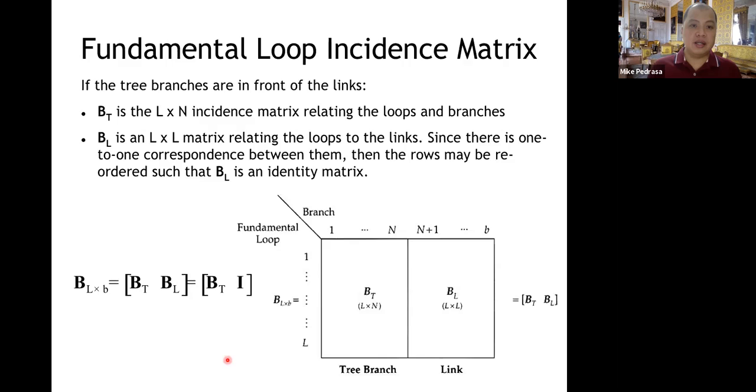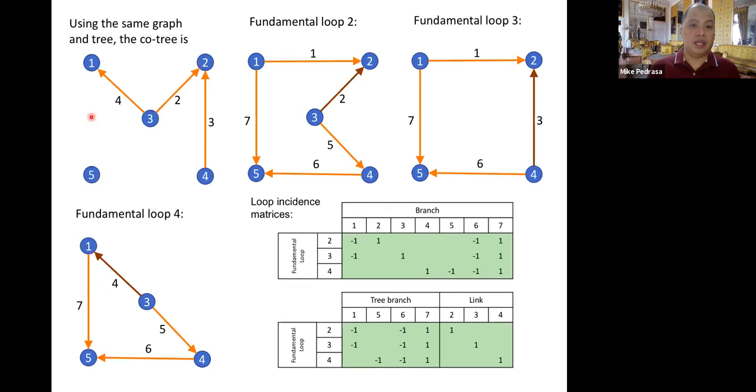So this is the co-tree, and for that co-tree we have 3 links, 2, 3, and 4. For each link, there is a fundamental loop. This is the fundamental loop for link number 2, this is for link number 3, and this is for link number 4. In fact, you have seen that earlier kanina.